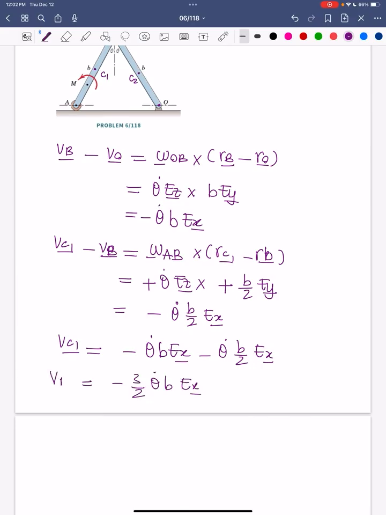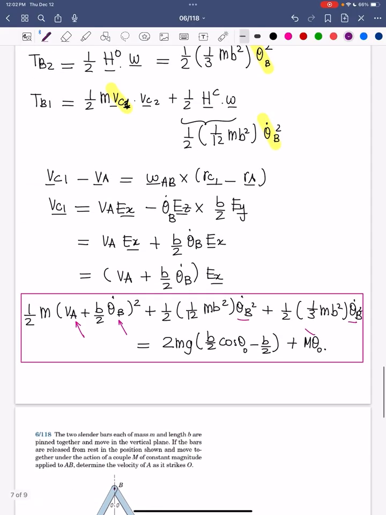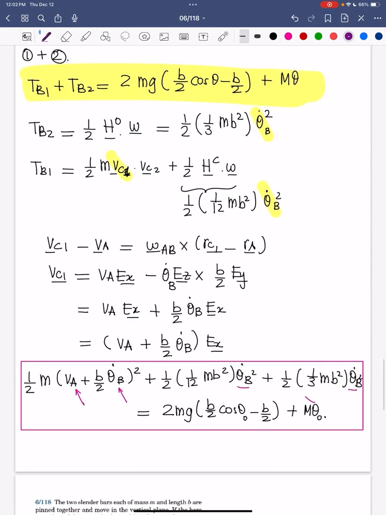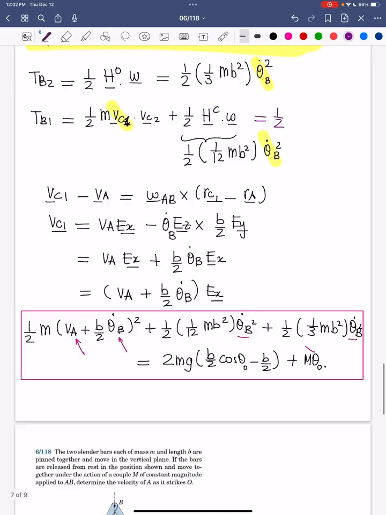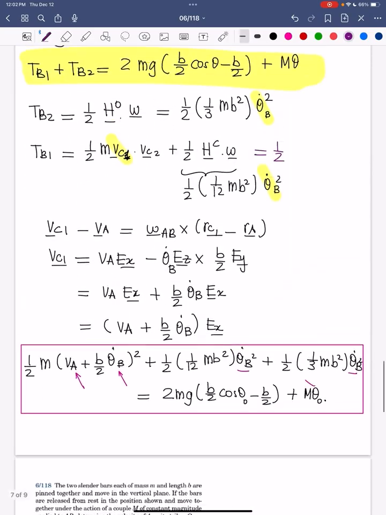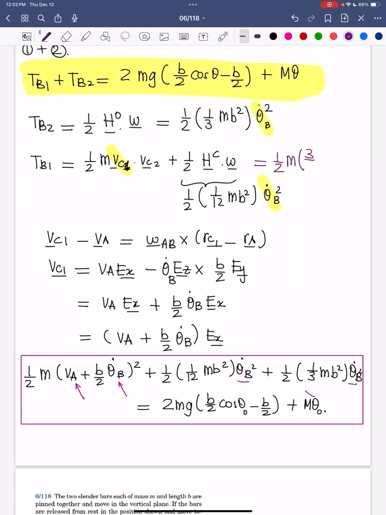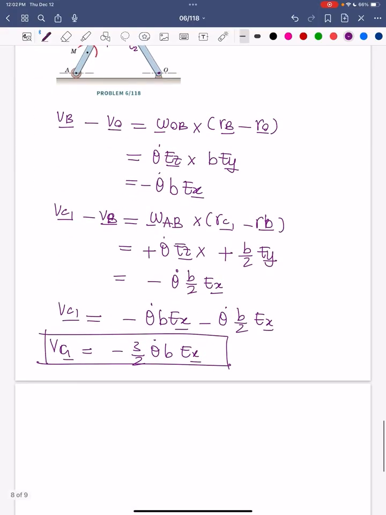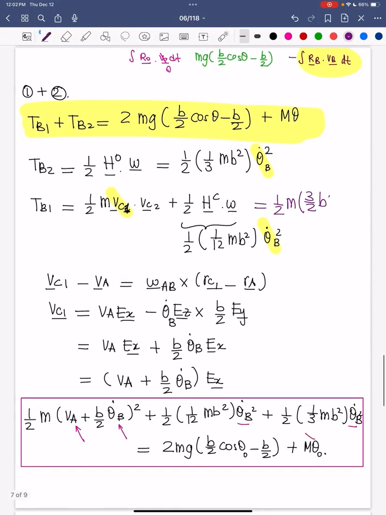Wowzy, that's great. Because now, if we go to this equation here, I can say that TB1 is half M 3 over 2 B theta dot at time B squared plus 1 over 2, 1 over 12 MB squared theta dot B squared.